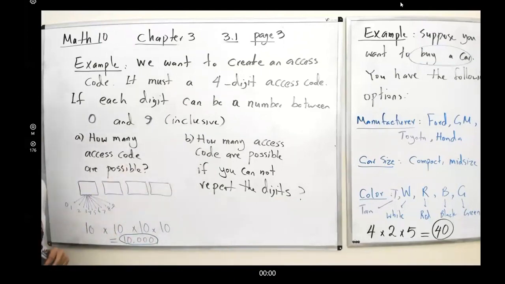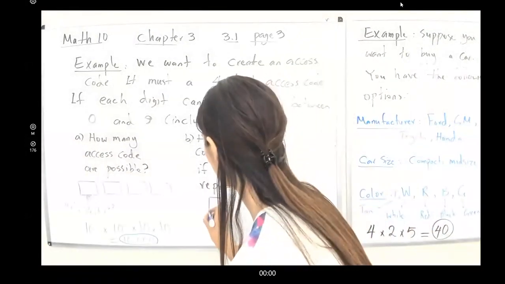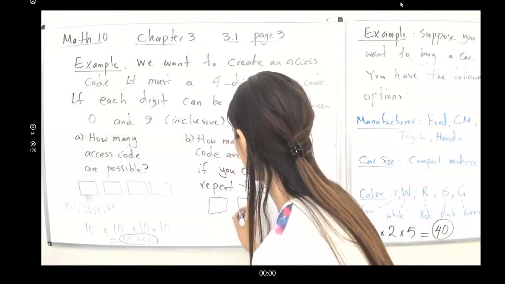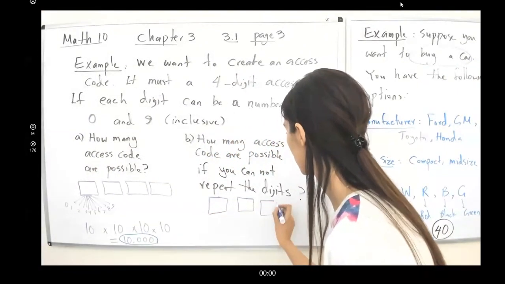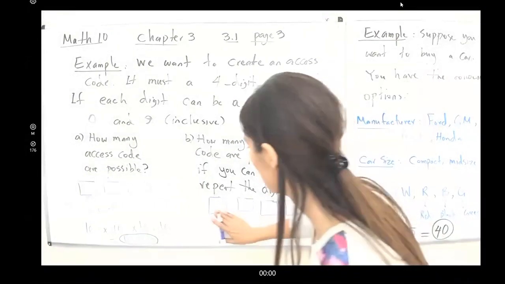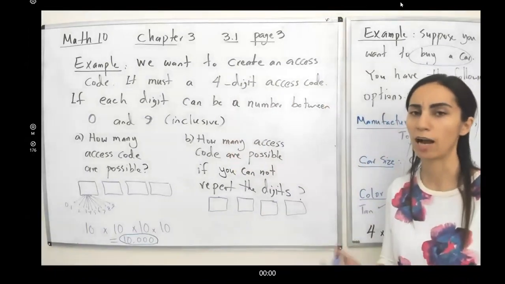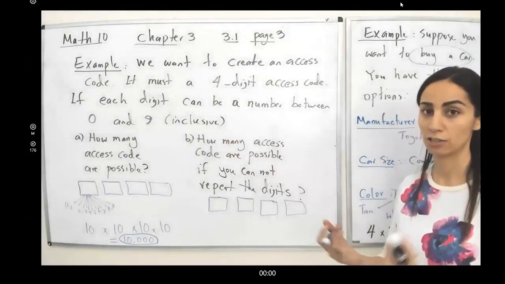How about part B? You cannot repeat these numbers. Again, you have a task with 4 subtasks: the first one, the second one, the third one, and the last one. For the first one, how many options do you have? 10.